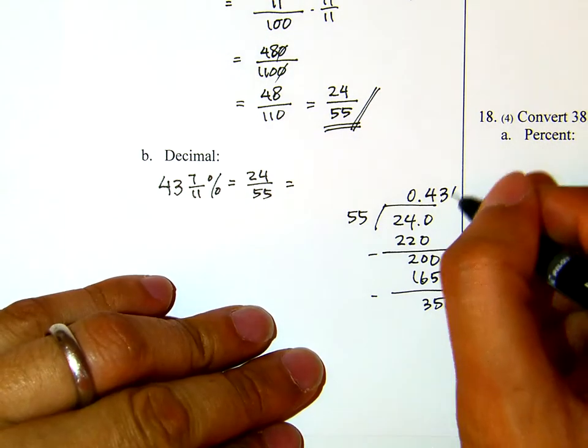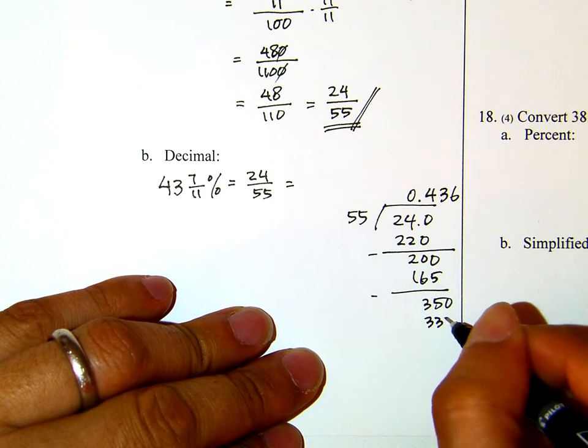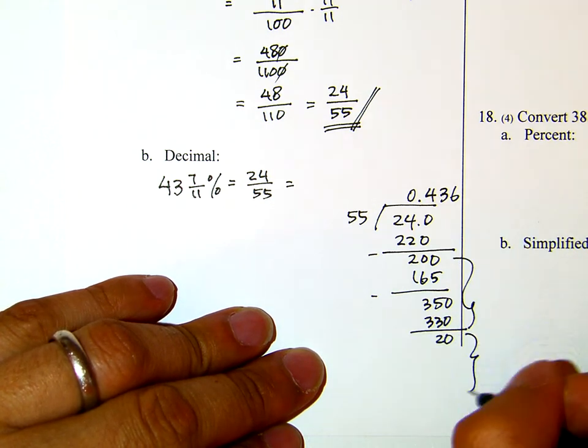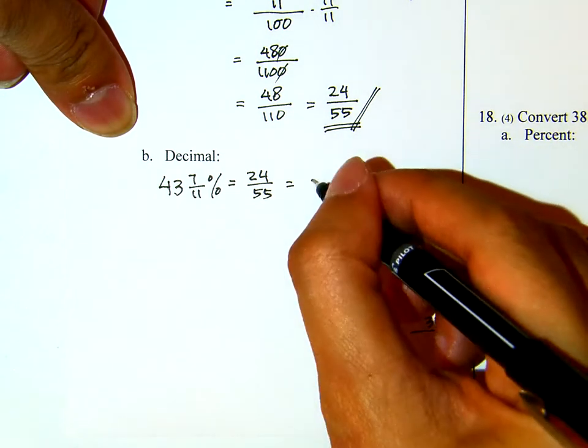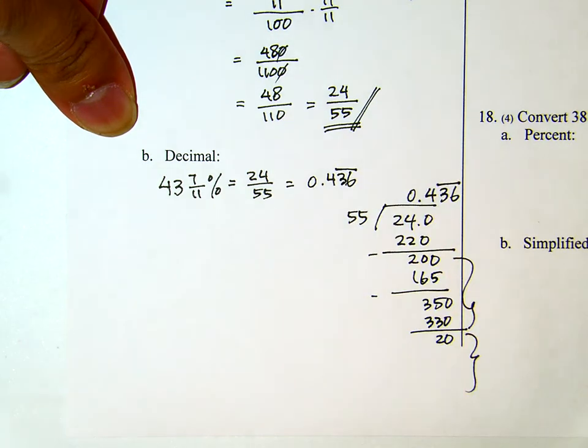That's 6 times for 330. When I subtract, I get 20. Oh, that's a repeat here, right? So we are repeating the 36. That is 0.436 repeating the 36.